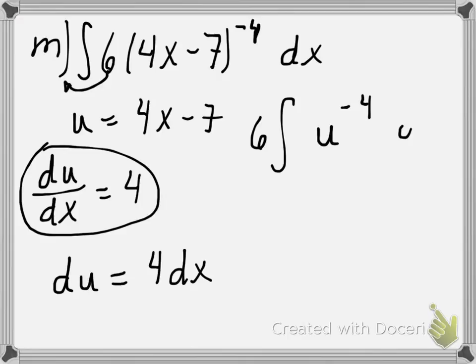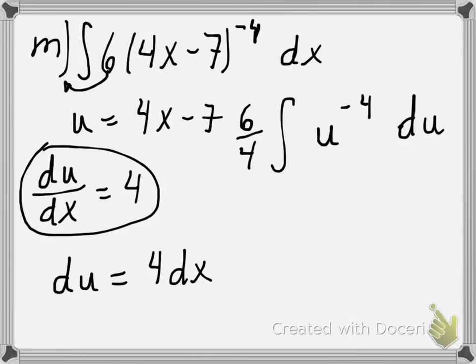So if I write du here, then that's like 4 dx. So it's kind of confusing, but if I divide by 4 on a scalar and multiply by 4, then I haven't done anything to the original function.